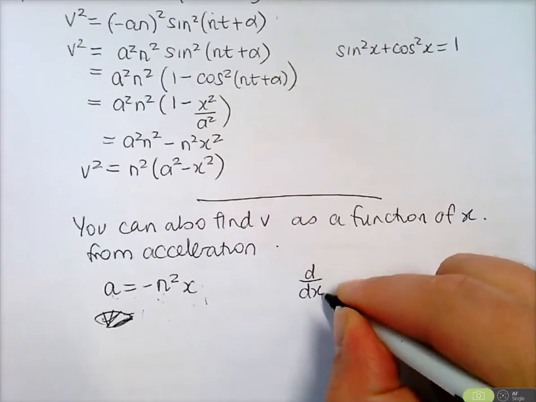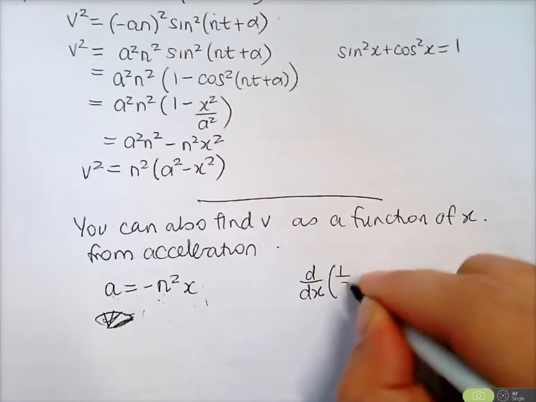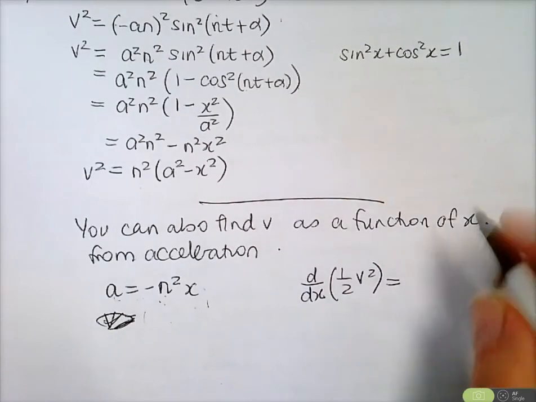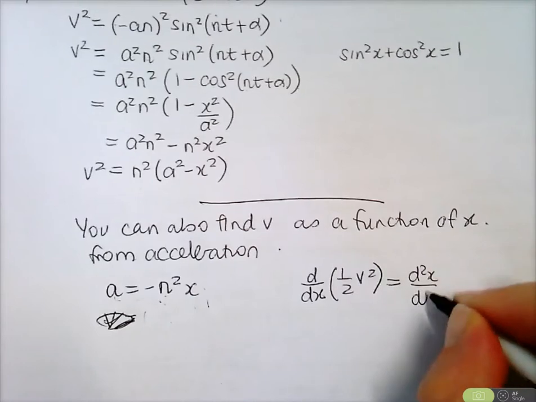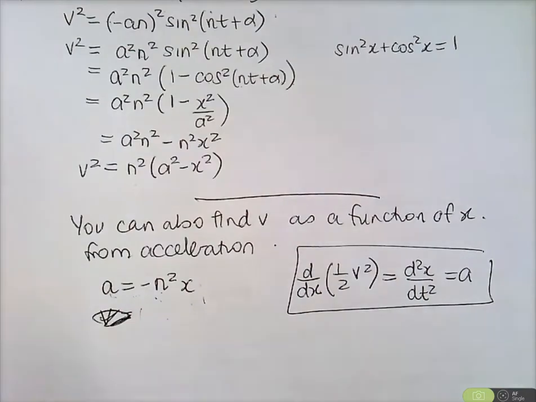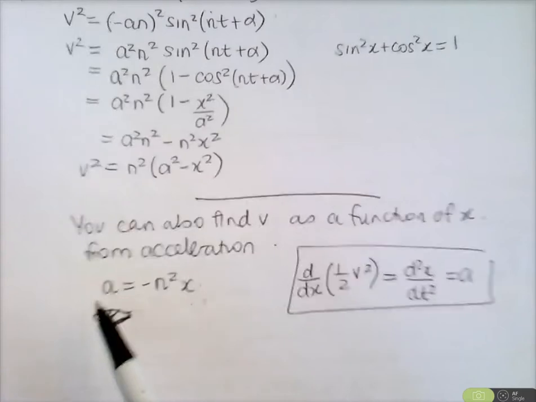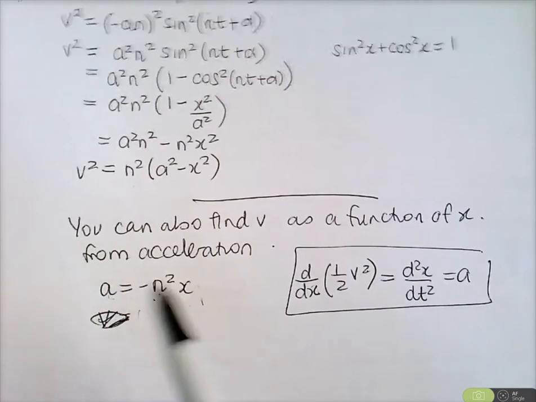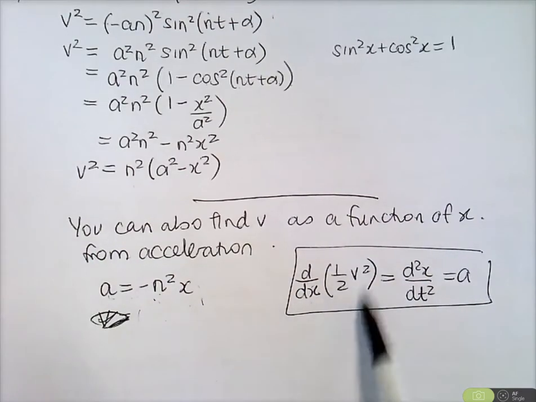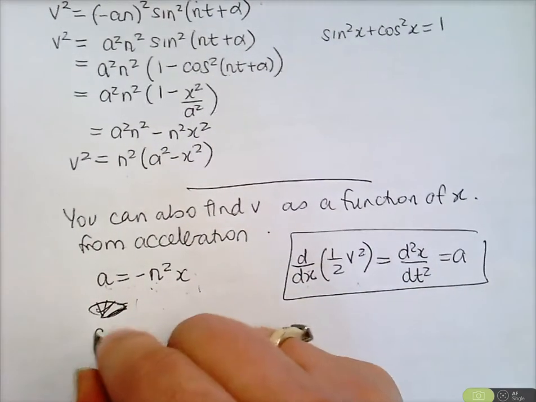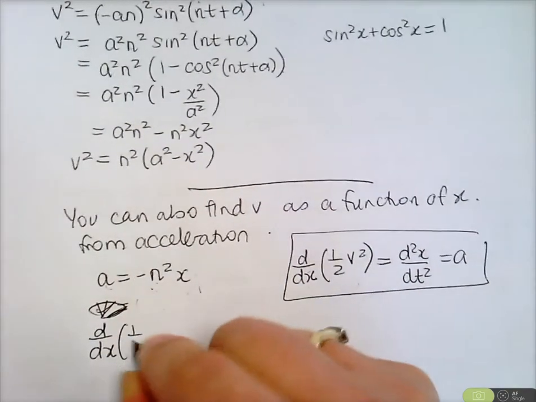d by dx of a half v squared equals acceleration, which equals d squared x by dt squared. Do you remember this rule? We did this last week. If you've got acceleration as a function of x and you want to find velocity, we rewrite the acceleration as d by dx of a half v squared.